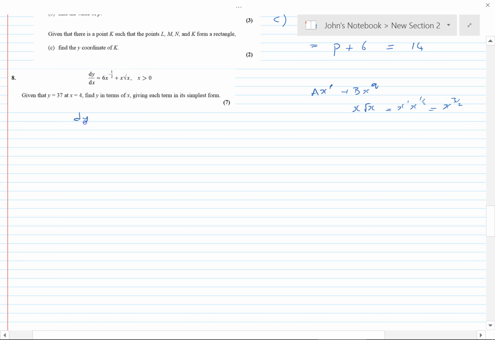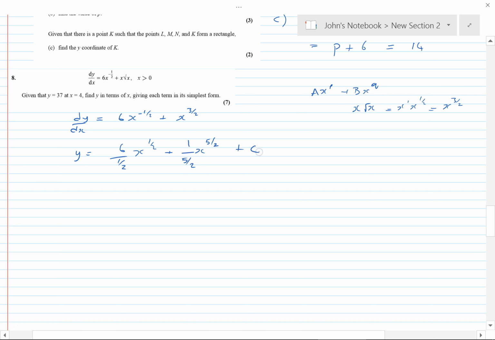So let's just write that up. dy by dx is equal to 6x to the minus half plus x to the 3 over 2. Let's integrate it. So y equals x to the plus half, 6 divided by half, that's of course 12, but I'll write it in like that for the moment. x to the 3 over 2, so that's x to the 5 over 2.